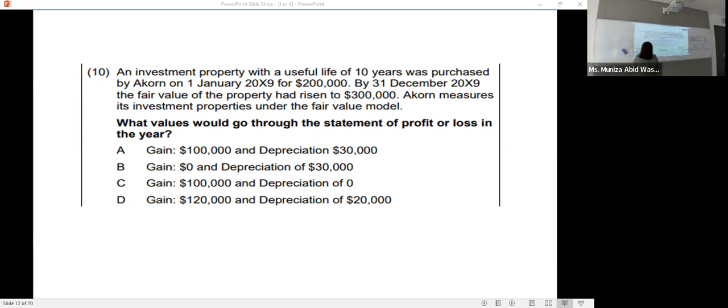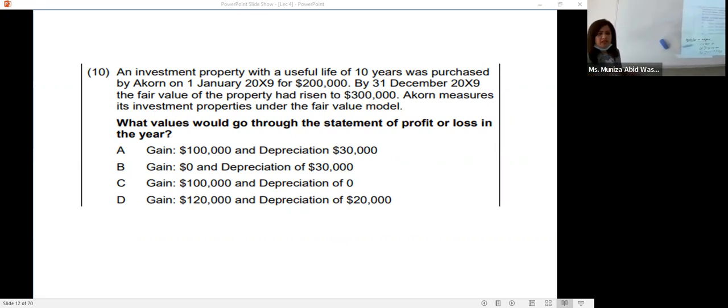Acorn measures its investment properties under the fair value model. So if it's a fair value model, are we going to take a depreciation? Very good. We are not going to take any depreciation under fair value model. So which option is the correct one? Which values would go to the statement of profit or loss? Option C is the right one. Gain of 100,000 and depreciation of 0.